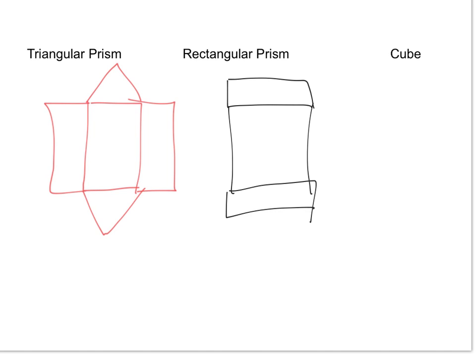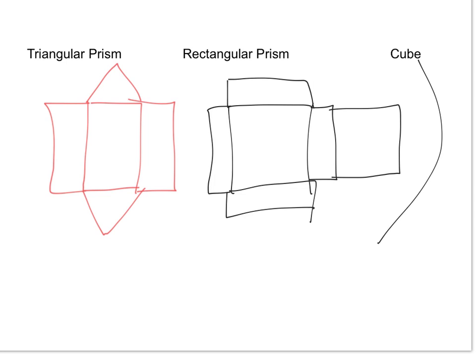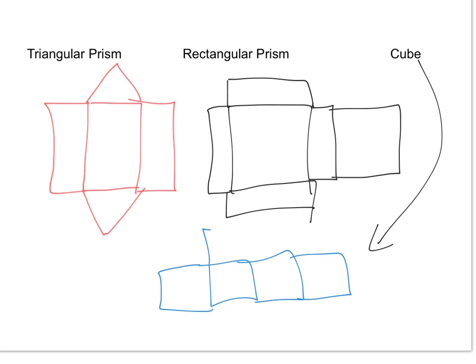There's one side that connects those. Then you've got a short side that matches up, short side matches up, and then a long side that becomes the top. For a cube, if you remember the previous notes, a cube has just got 6 congruent squares. So that's what a cube looks like as a net.